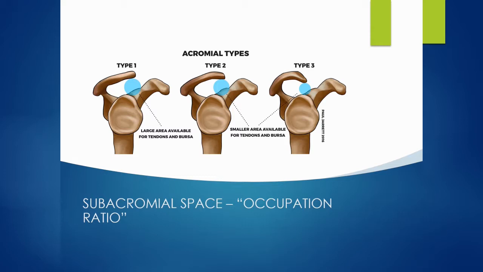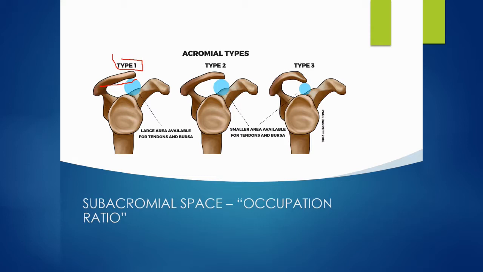So this diagram is depicting a type 1 acromion process with the undersurface of the acromion process being flat. And the blue circle is depicting the supraspinatus tendon. Well, with a type 1 flat acromion, there's a relatively larger available space in the subacromial space to allow passage of the rotator cuff tendons and the subacromial bursa.